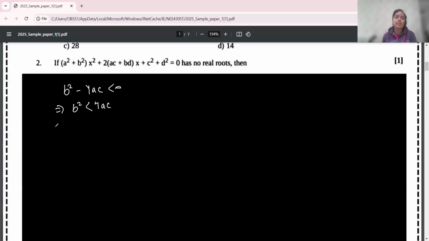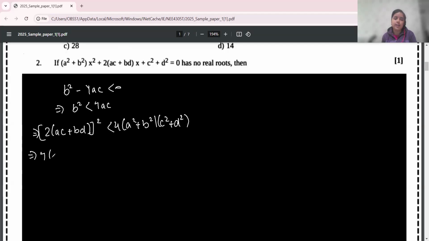Now putting in the values from the given equation, we get 2 times (ac plus bd) whole squared is less than 4 times (a square plus b square) times (c square plus d square).